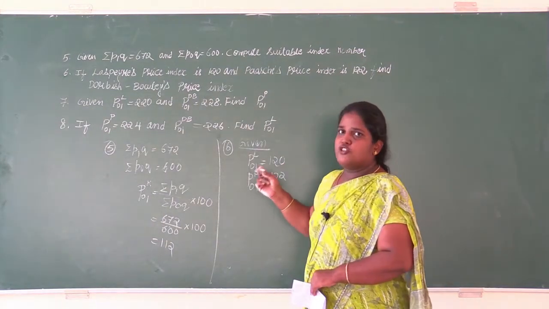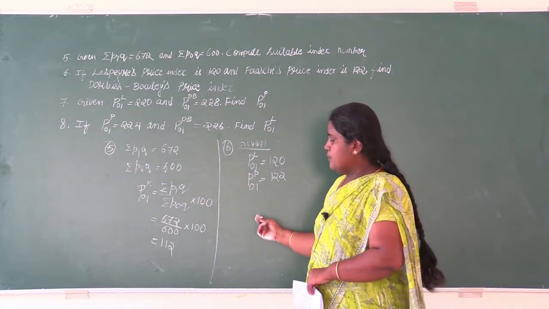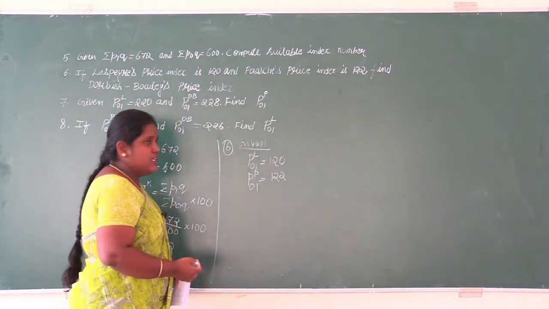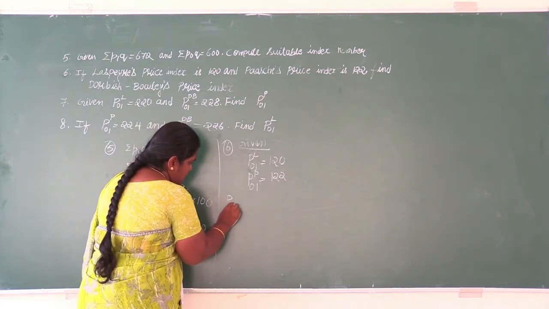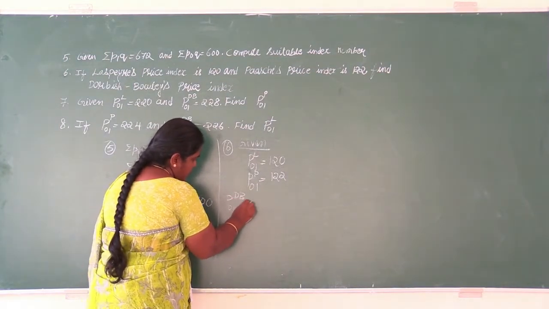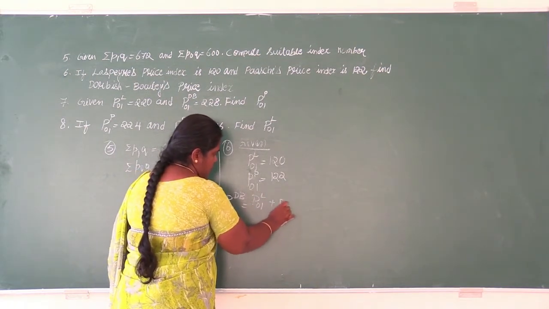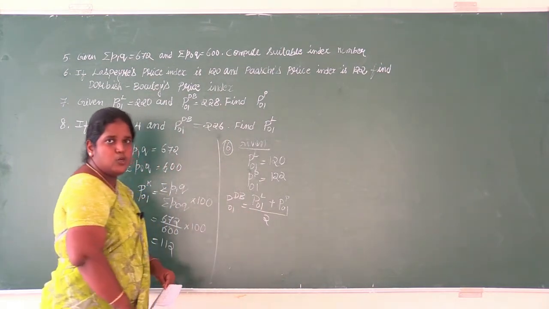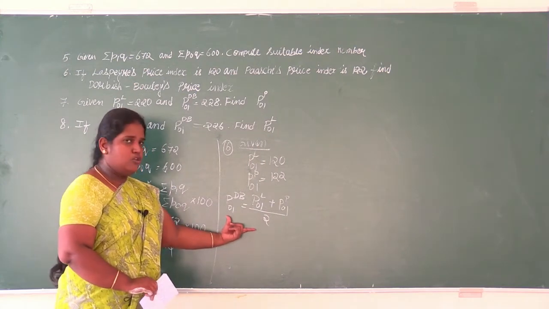And what is the relationship between Laspeyres, Paasche and Drobisch-Bowley? Drobisch-Bowley is the arithmetic mean of Laspeyres and Paasche price index number. So P01 dB equals P01L plus P01P divided by 2. Whenever we have Drobisch-Bowley, Laspeyres and Paasche, we have to use this formula.